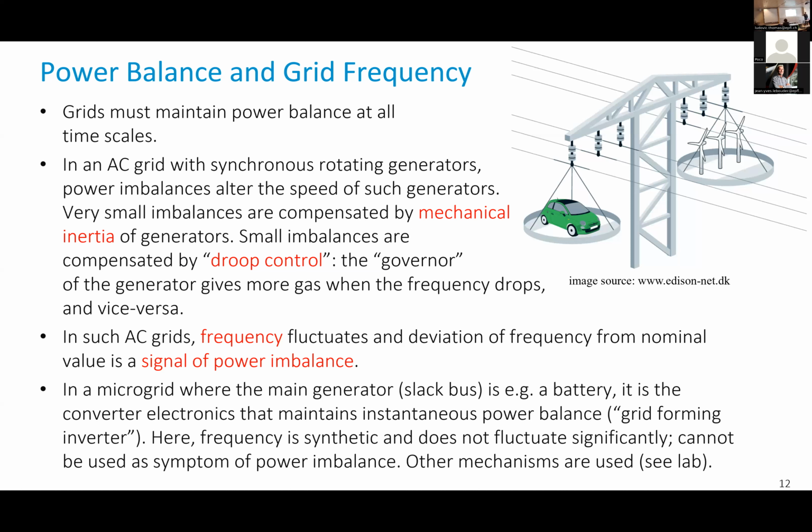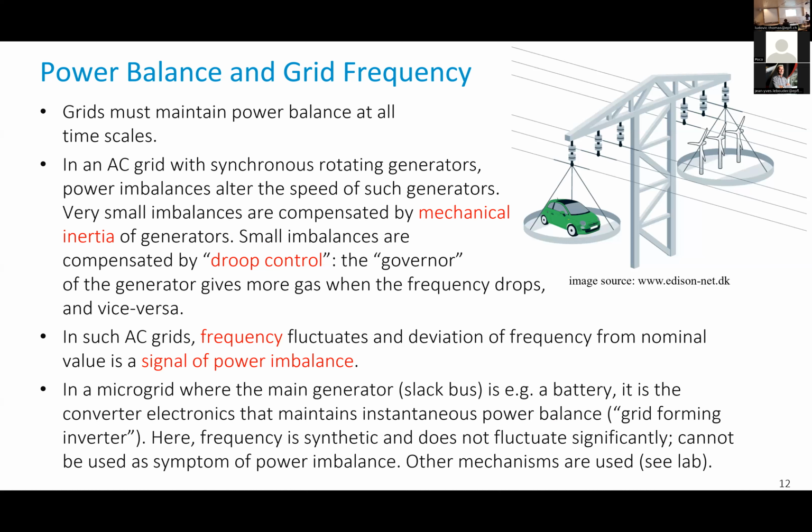When we talked about the time synchronization system, at least those of you who took the advanced course, we saw that an oscillator is never perfect, but the variation is minuscule. So for all practical purposes, the frequency is synthetic and does not fluctuate significantly. And worse, the fluctuation is not due to power imbalance. So there is no frequency support in such a grid.